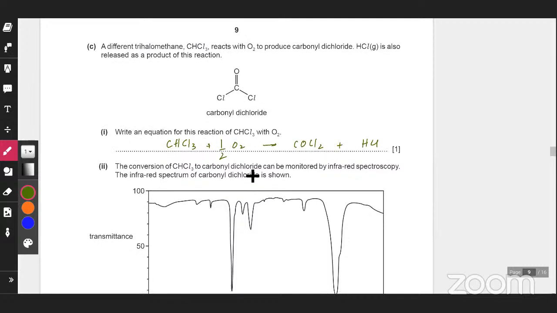Is writing the product as COCl2 or CCl2O the same thing? In this case, I don't think they would mind. Okay, how should we write this? The product, you have written the product as COCl2. Can we write it as CCl2O? Same thing, I think. This thing is not in your course, okay?